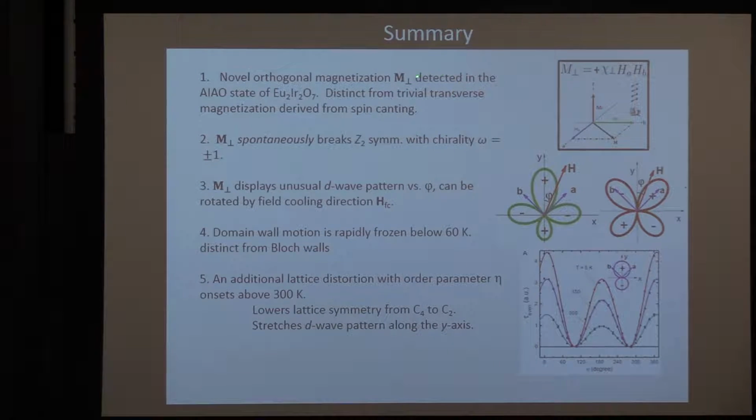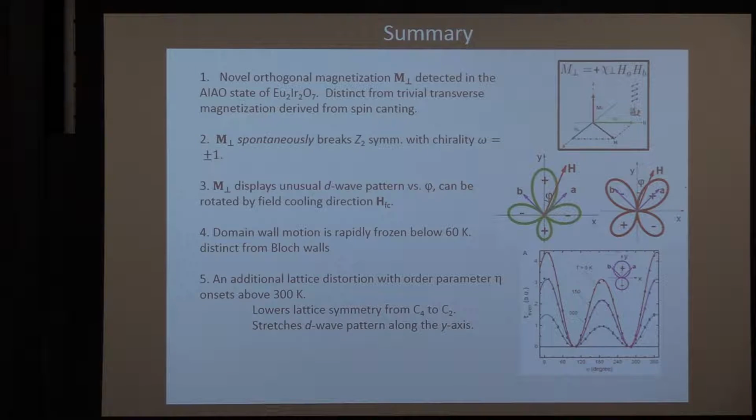we searched for and observed an orthogonal magnetization that is distinct from the trivial Zeeman-induced transient magnetization. And it involves a spontaneous breaking of a Z2 symmetry. So this sketch summarizes the surprise, right?